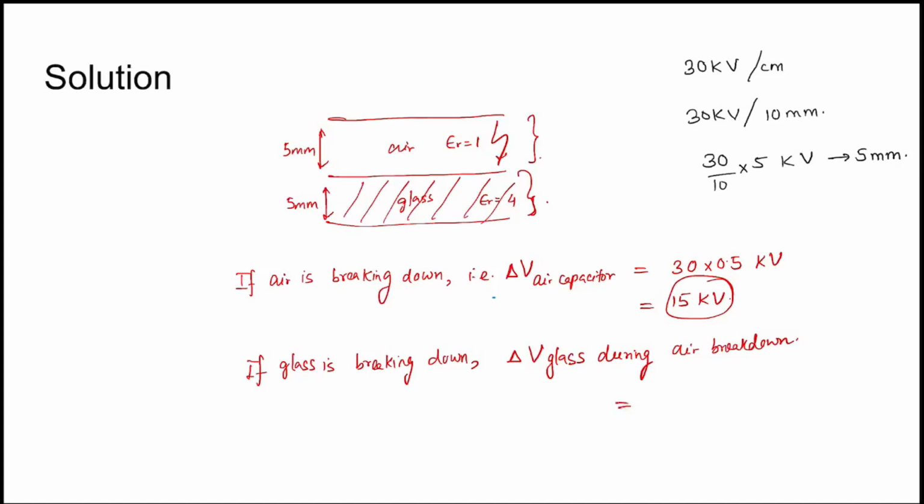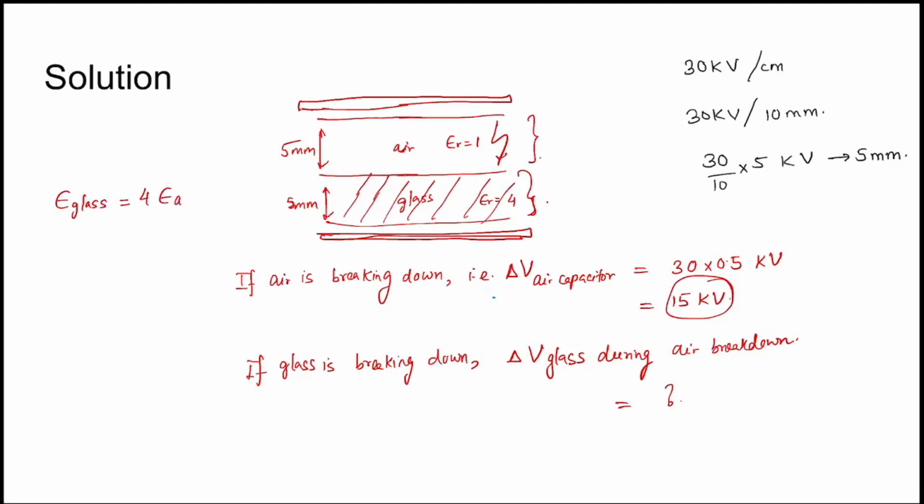That is found out to be, now we know epsilon glass is 4 times epsilon air, that is, the relative permittivity of glass is 4 times the relative permittivity of air. So we can comment that the capacitance of glass is 4 times the capacitance of air.